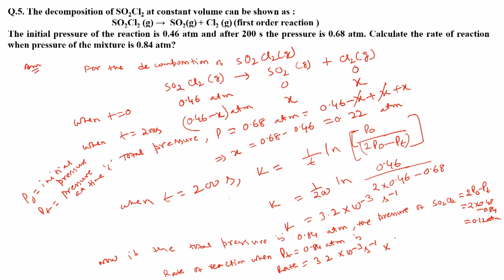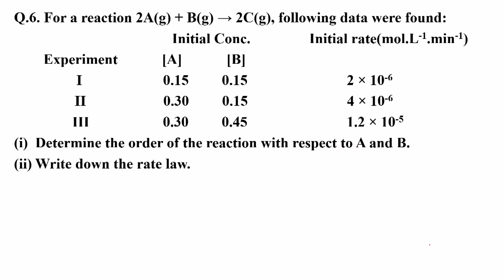So we write 0.12 atmosphere. So we get 3.84 times 10 to the minus 4 atmosphere second inverse. So this was problem number 5. Next we go to problem number 6.